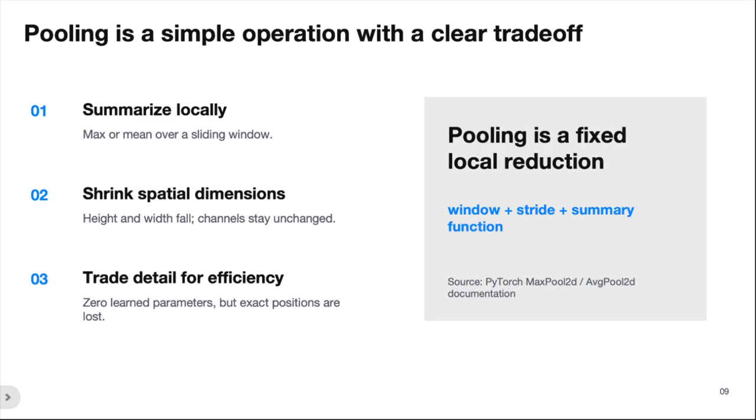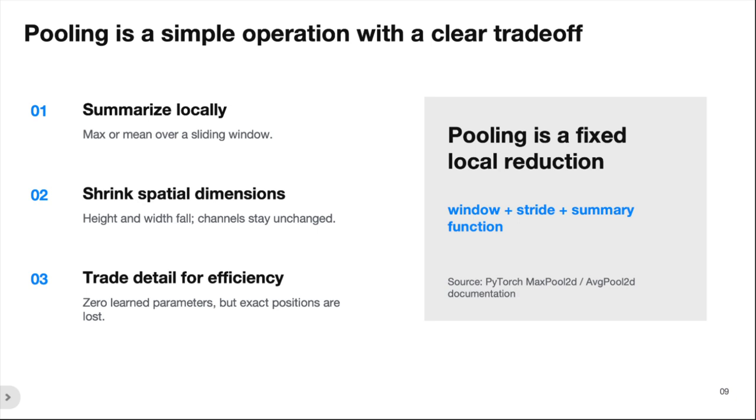To summarize, a pooling layer slides a fixed window over each feature map channel and replaces each neighborhood with a summary. Max pooling keeps the strongest activation, while average pooling keeps the mean. Kernel size, stride, and padding determine the output geometry. Pooling reduces height and width, preserves the channel count, and has no trainable parameters.